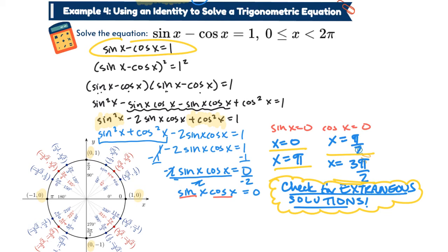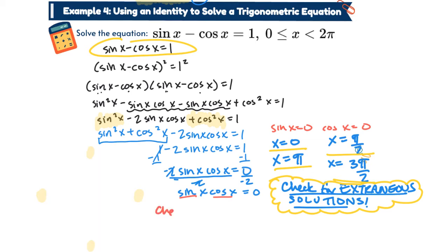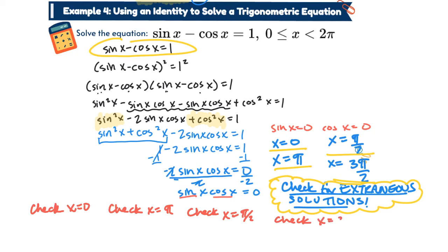So let's go ahead and do that. I'm going to get rid of my unit circle so I have more space. So we've got to check x equals 0, x equals pi, x equals pi over 2, and then x equals 3 pi over 2.